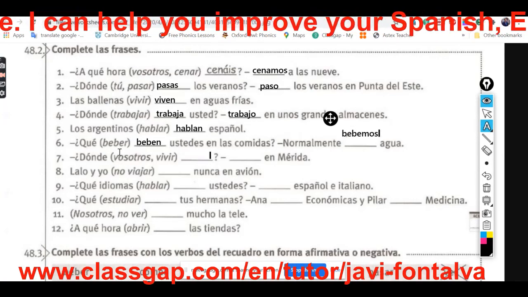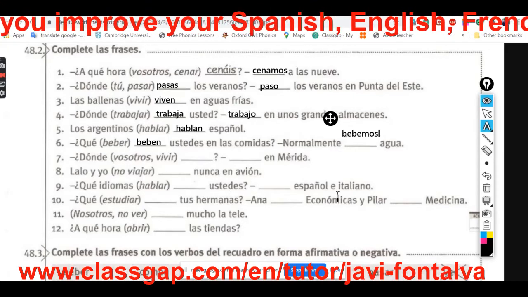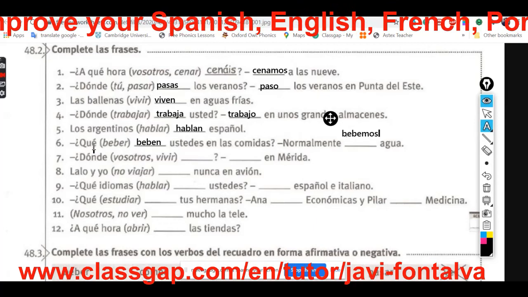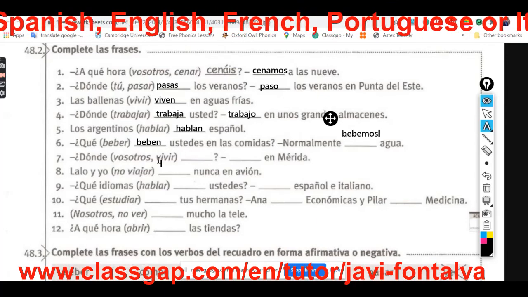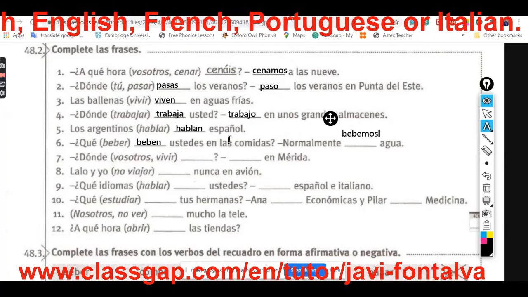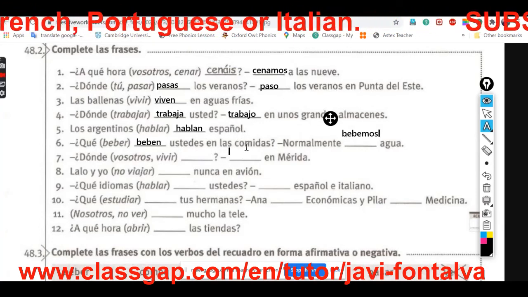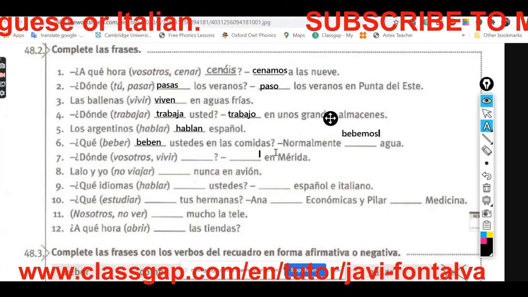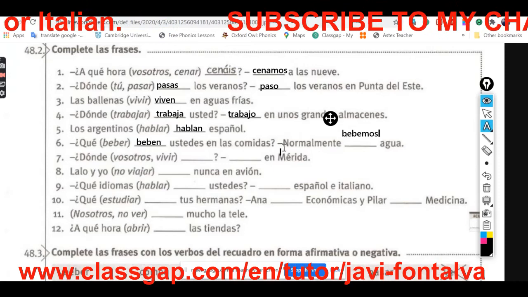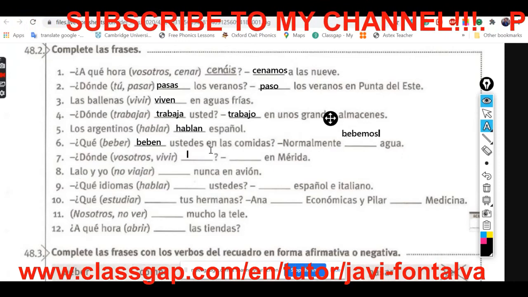Okay, can you tell me what this means? Number 6. So what do you drink? En las comidas, in meals. Normally we drink water. Perfect. 7.